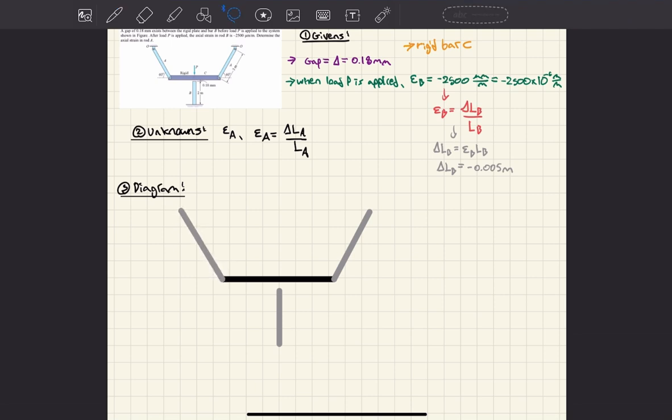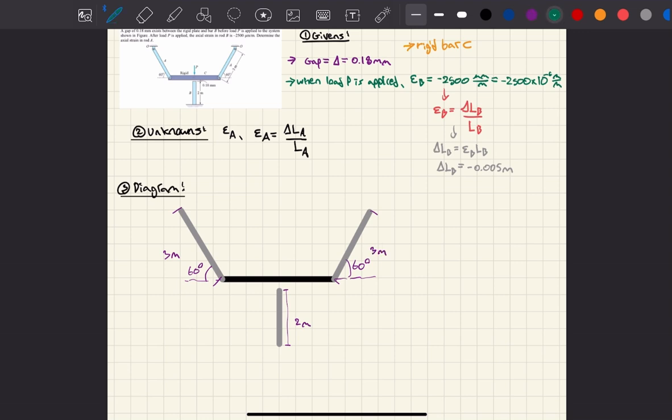Okay, let's put in the dimensions. This angle right here, 60 degrees. This angle right here, 60 degrees. This length, 2 meters. This length, 3 meters. This length, also 3 meters, right?